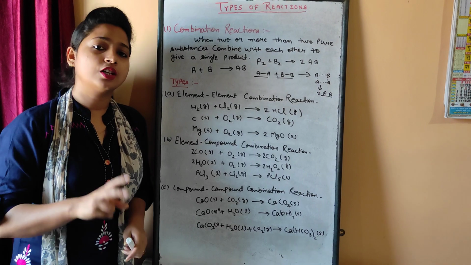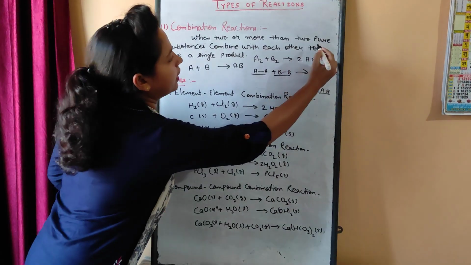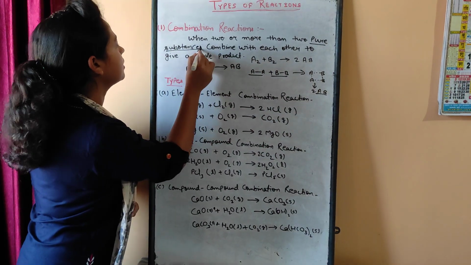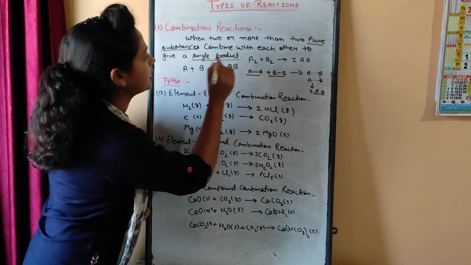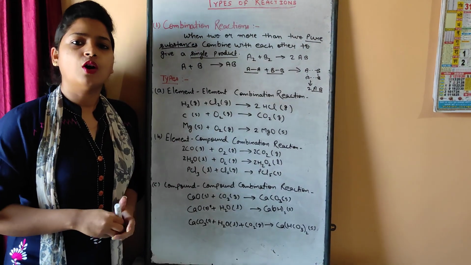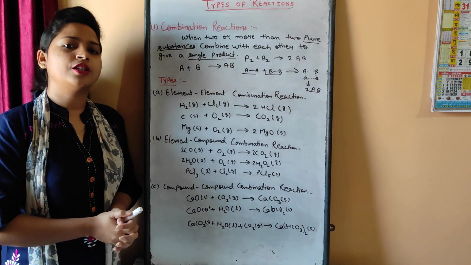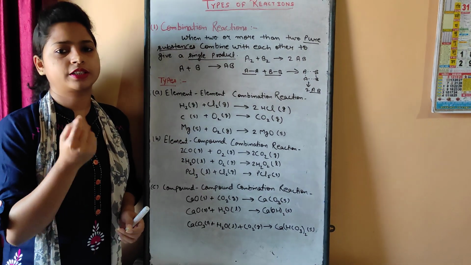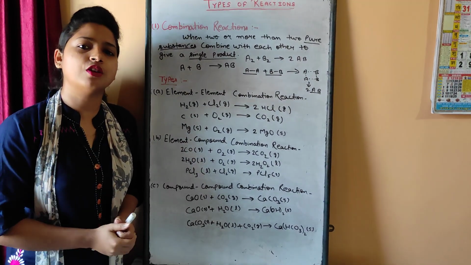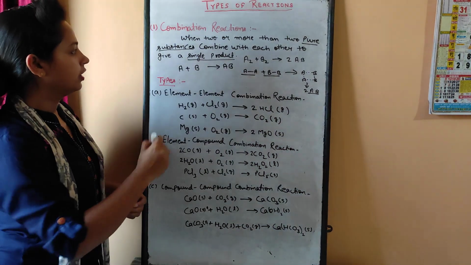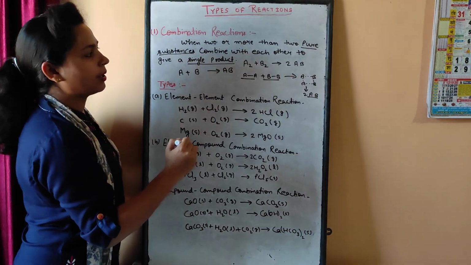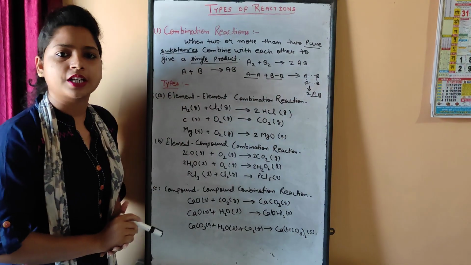So students, here two key points are there. First is pure substances and other is single product. So always pure substances combine together to give rise to a single product. Single product is the characteristic feature of a combination reaction. Whether it is an element or compound, it should be a pure substance.